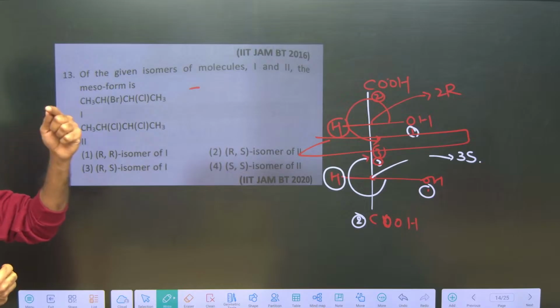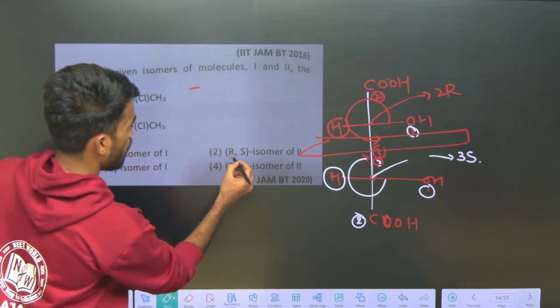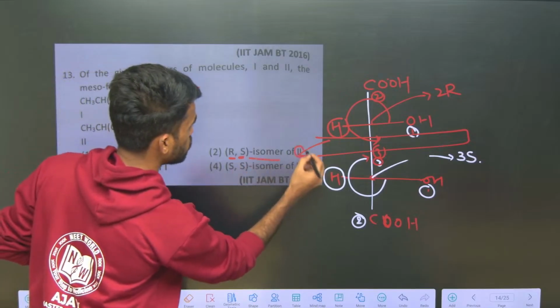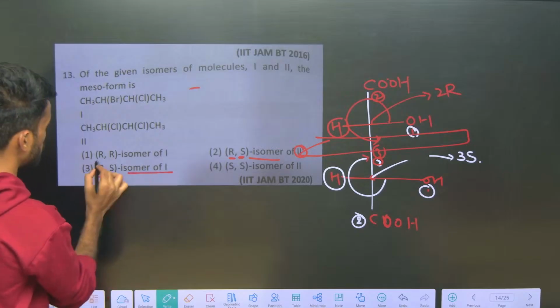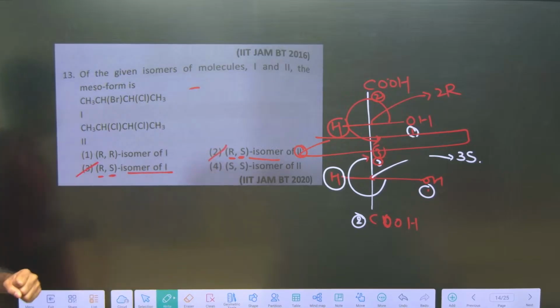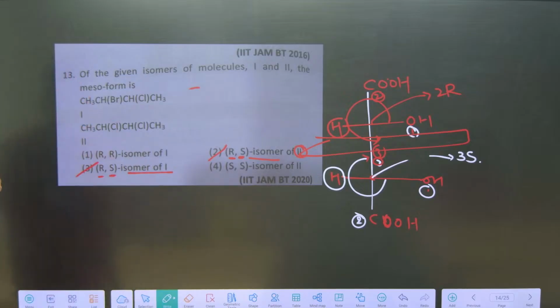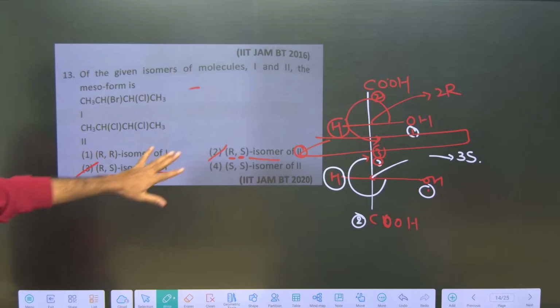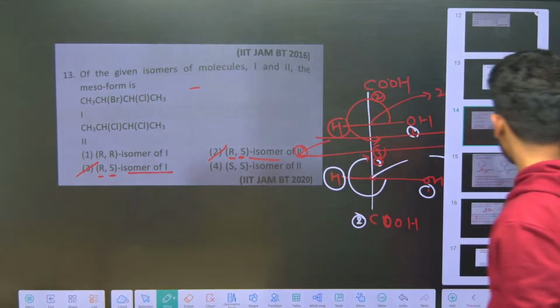One should be R, the other should be S. So the RS isomer of 2 and the RS isomer of 1 are meso. Is that clear or not? Identify the configuration. Yeah, that's it. You got the concept now? That's it. Next.